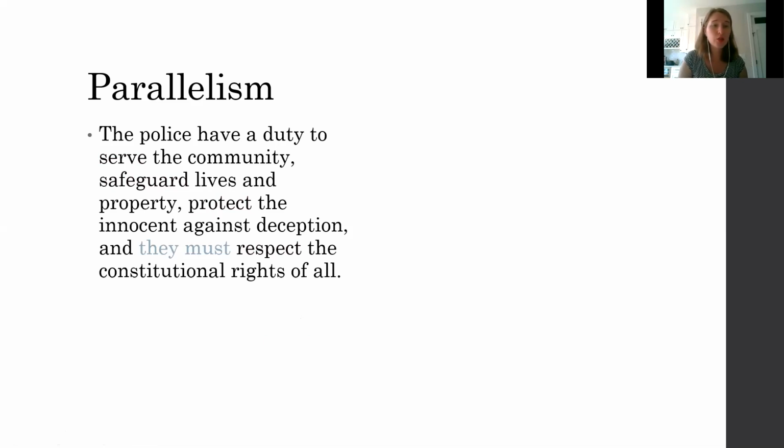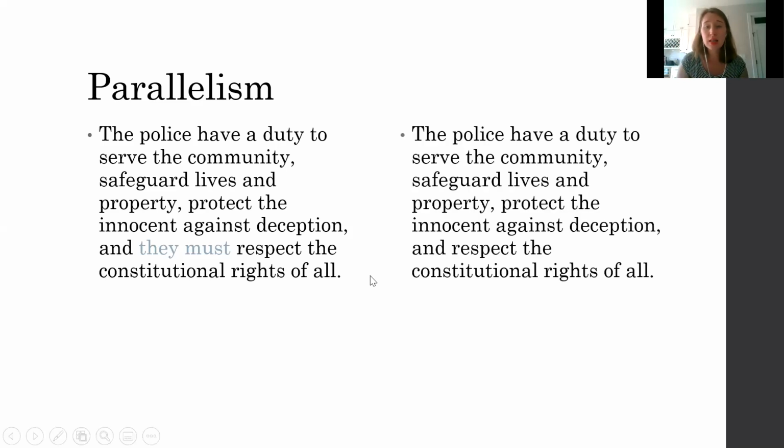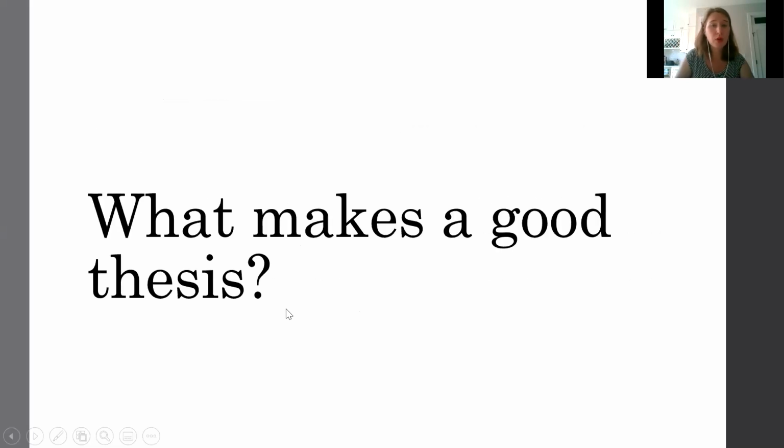They have a duty to safeguard. They have a duty to protect. They have a duty to respect, okay? In that case, all of those verbs can fit in together, so we don't need the words "they must." It kind of messes up the flow of the sentence, so we can get rid of those when we're reading the sentence itself, okay?